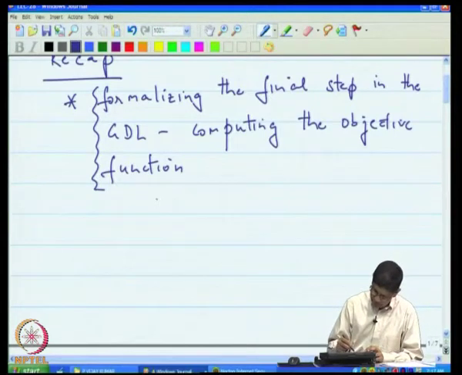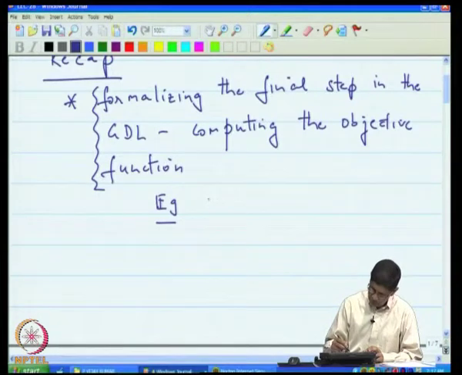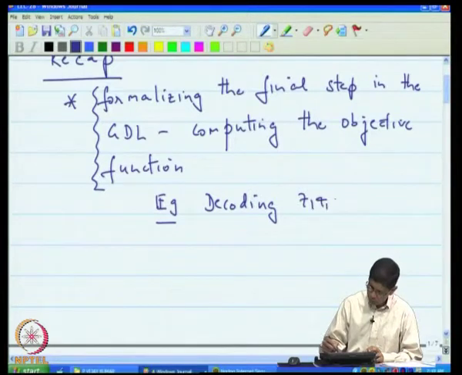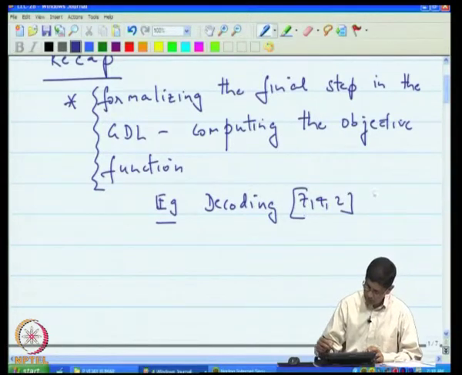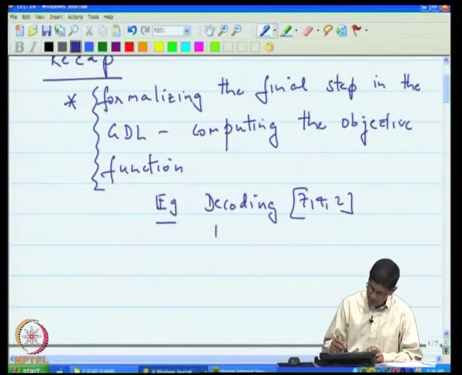Then we did an example here, decoding the 742. We employed maximum likelihood code symbol decoding.